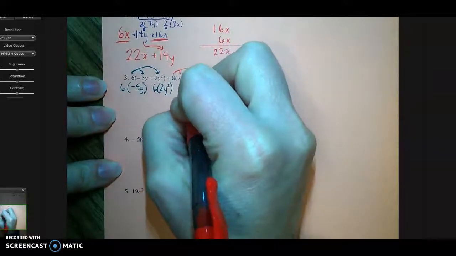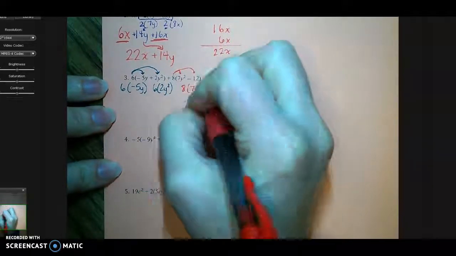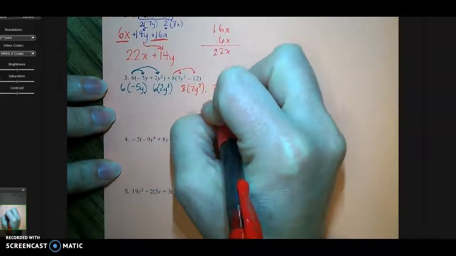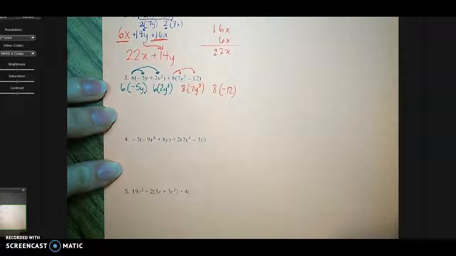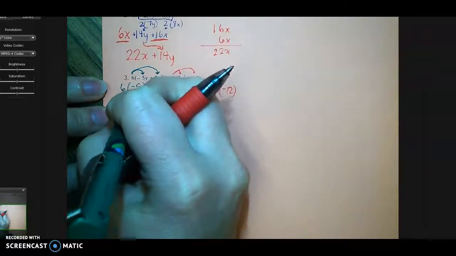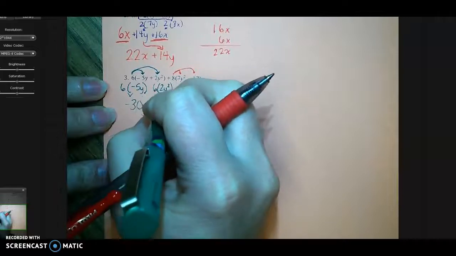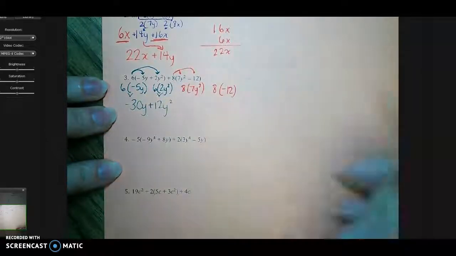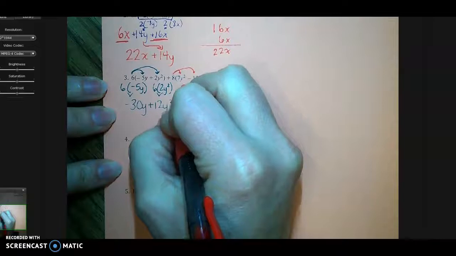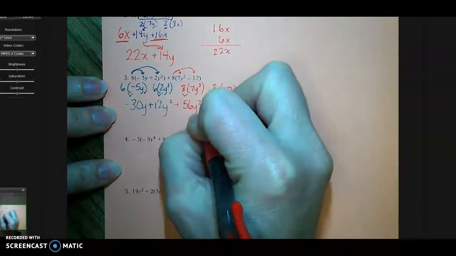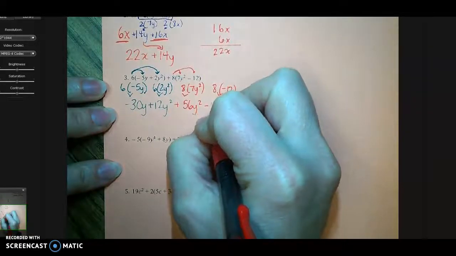So I've got 8 times 7y squared, and it's plus 8, so I'm distributing a positive 8, and 8 times -12. So for this one, I'm going to get -30y, and this one I get a positive 12y squared. For this, I'm going to get a positive 56y squared, and here I'm going to get a -96.